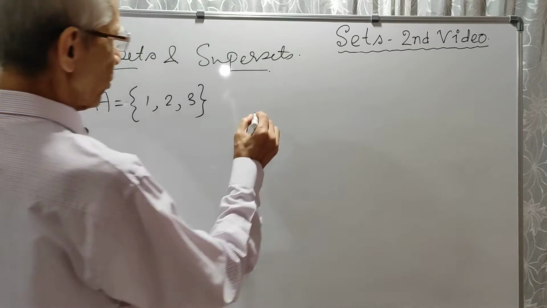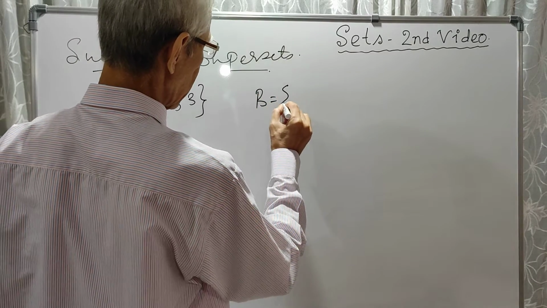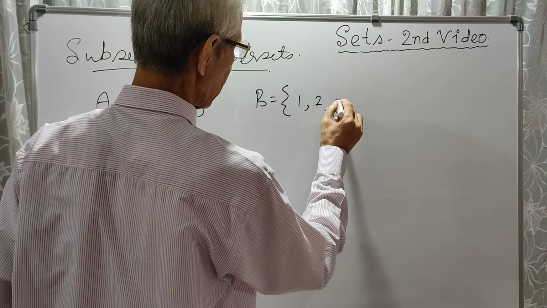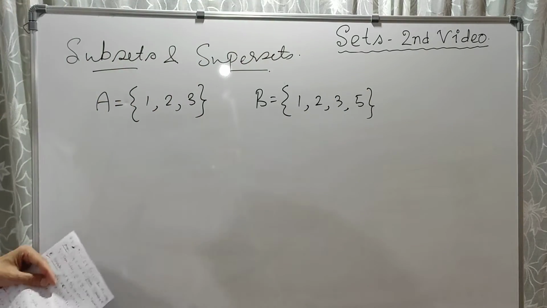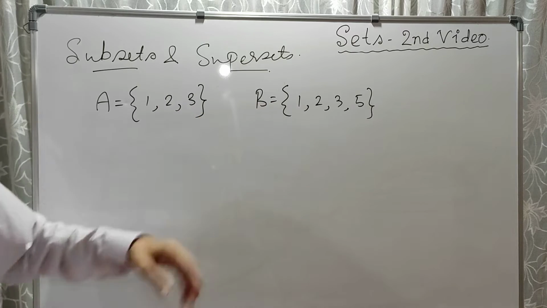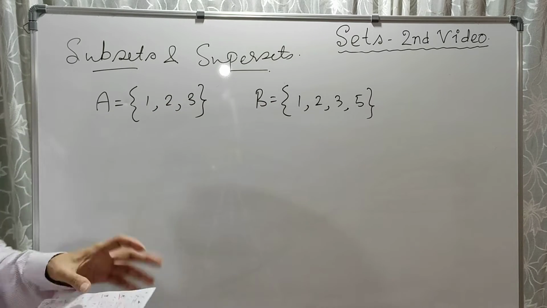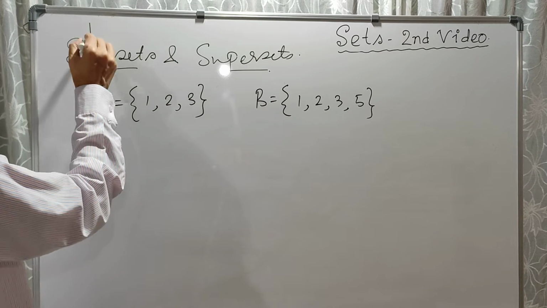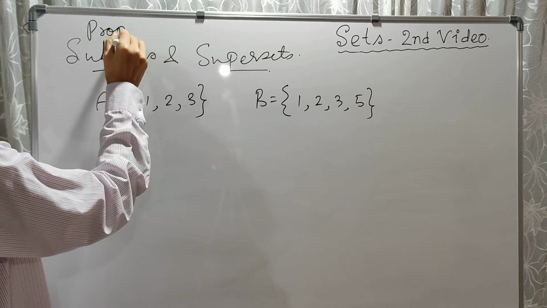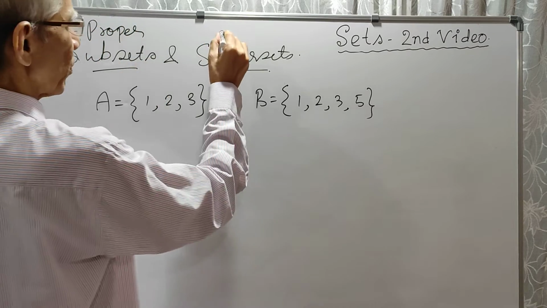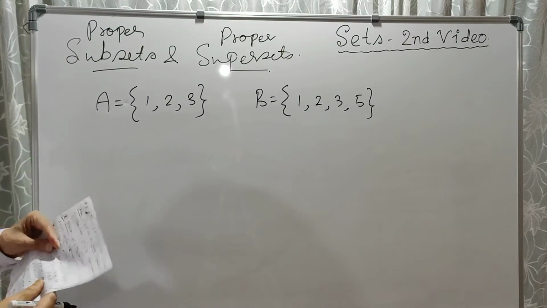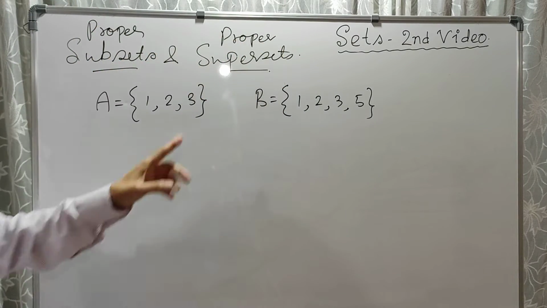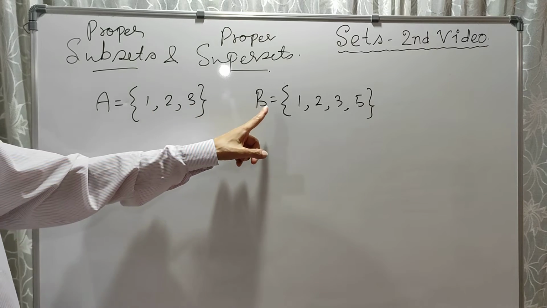And suppose B contains 1, 2, 3, and say 5. Now A is a subset of B, no doubt, but A is a proper subset of B. So proper subset and proper superset.